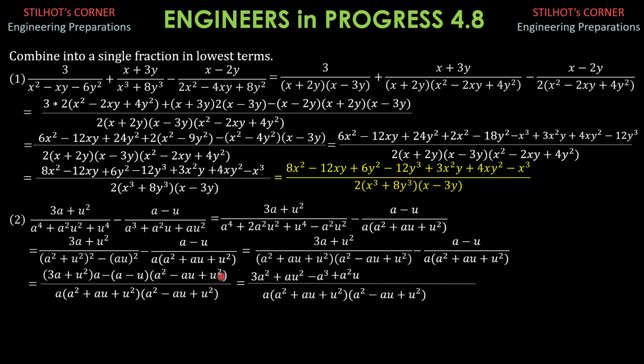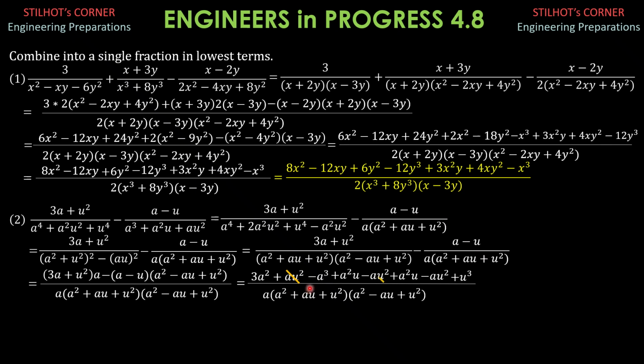Then a times u squared is au squared times negative, so negative au squared. Then negative a squared u times negative, so positive a squared u. Then negative u times negative au is positive au squared, then times negative, so negative au squared. And finally, negative u times u squared is negative u cubed times negative, so positive u cubed.